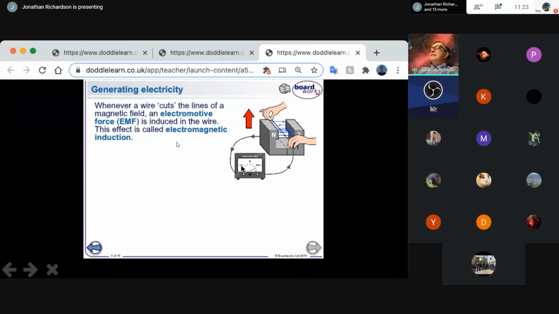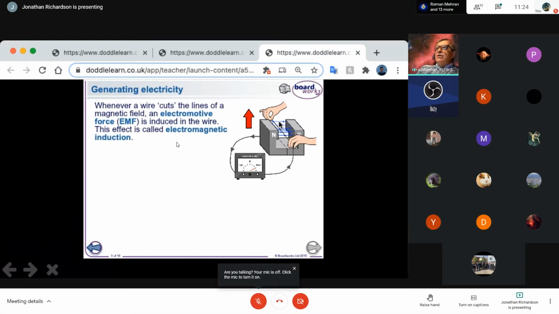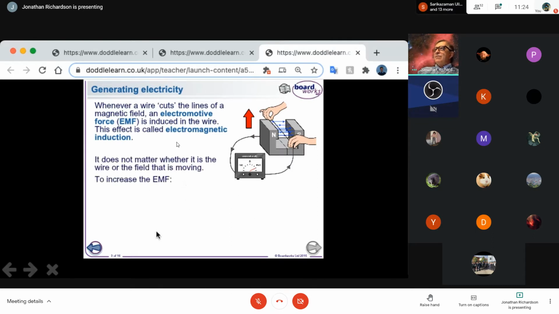Now in this meter here, you can see the movement is to the right side because this wire is being lifted upwards through the magnetic field. If I move the wire downwards, so move it down through the magnetic field, I will get a deflection in the opposite direction.